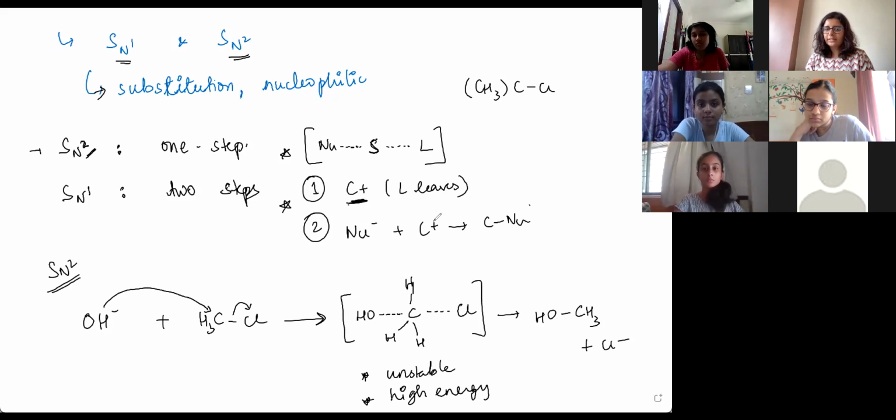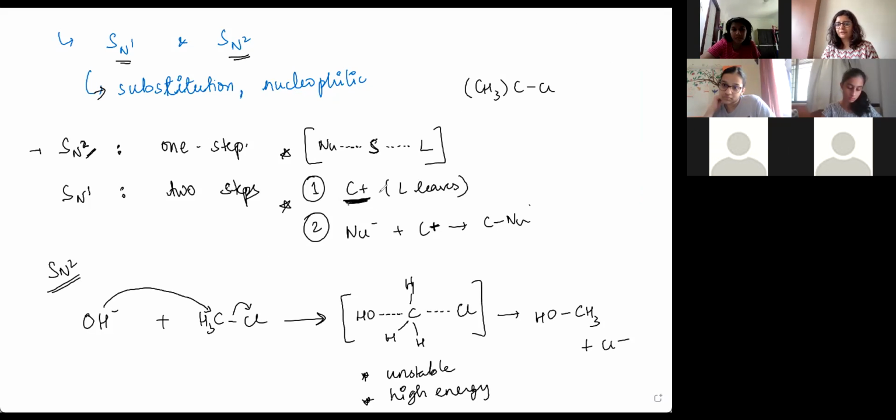As soon as the carbocation is formed, negative attracts to positive, that is bound to happen. So the rate determining step, the speed of the reaction, depends on how easily this carbocation is formed. That's why we call it the rate determining step. And so in Sn2, the rate determining step involves two species, and in Sn1, it involves just one. Yes, that's where the 2 and 1 comes from. Okay.